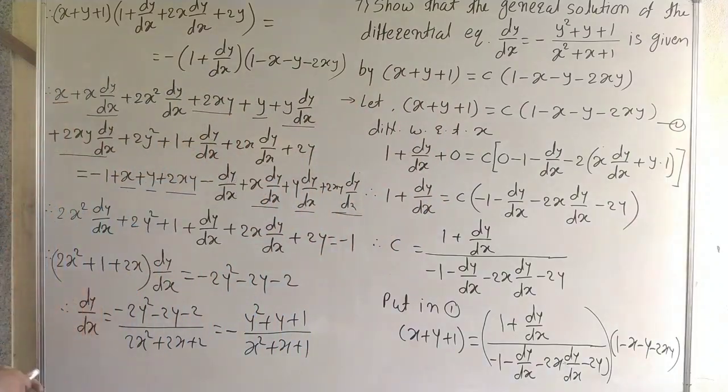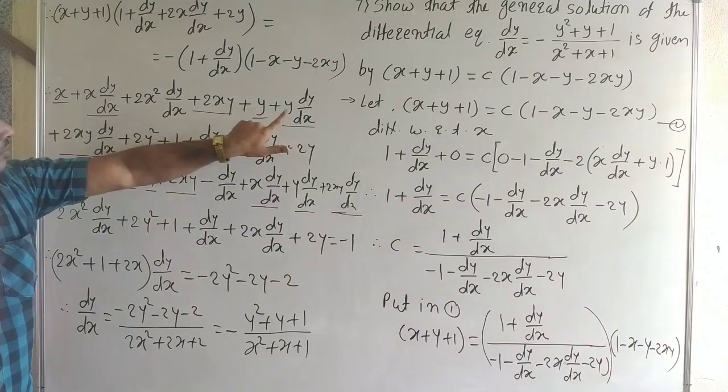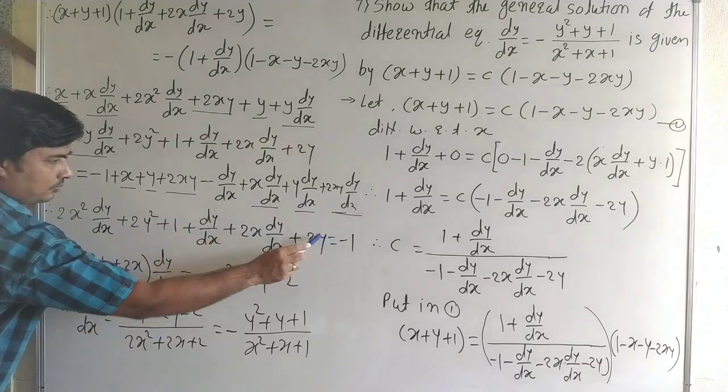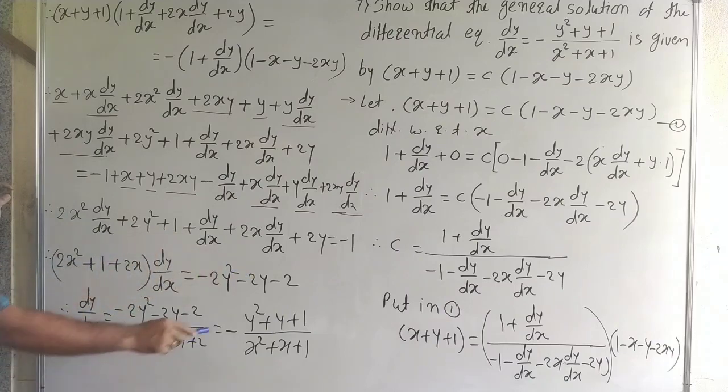Okay, see carefully this step. Here we multiply these two brackets and these two brackets, and here 1, 2, 3, 4, 5 and 6 terms get cancelled. Six terms from the LHS and 6 terms from RHS get cancelled. We get this expression, and after that collect the dy by dx and remaining terms, and then we get the differential equation. It is one method.